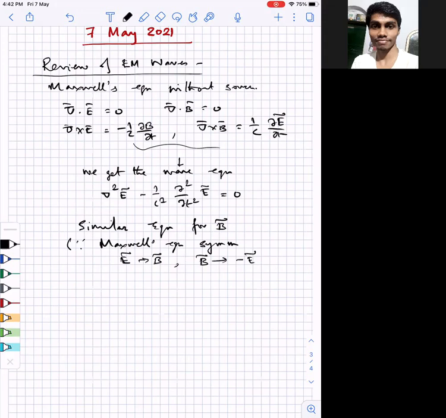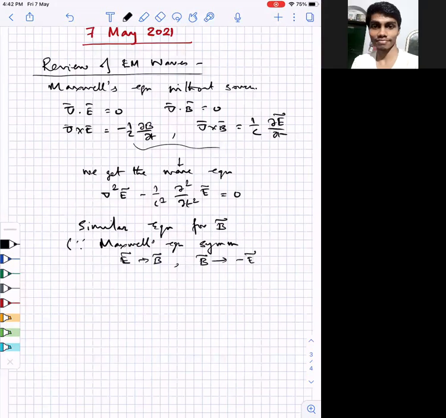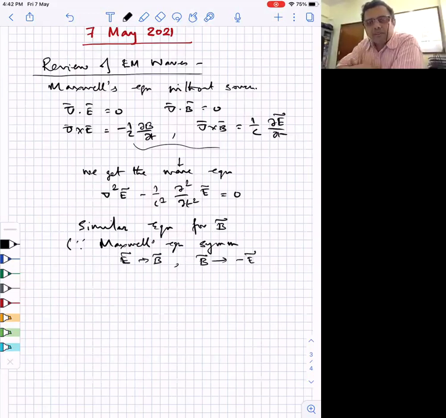So if you start with the equation of B first, and then if you change it with minus E, will you get the same, or if you change it with E, you will get this equation? You have to change both the E and B. You cannot just change one.